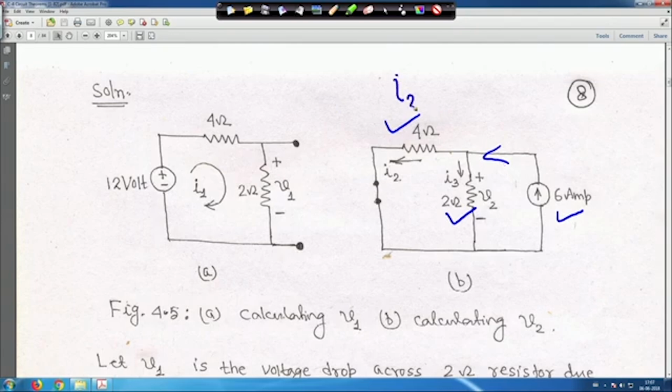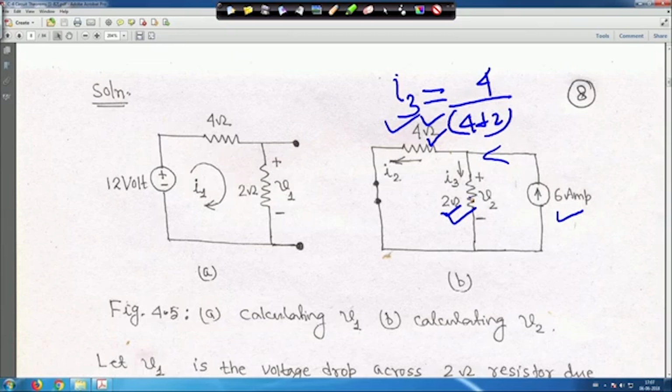Directly I can write I 3 is equal to, through this you have to find out I 3. This resistance is 4, so 4 by 4 plus 2, this is 4 and this is 2, into 6. That is actually 4 ampere. So, I 3 is equal to 4 ampere. Directly from the current division method you can find it out.